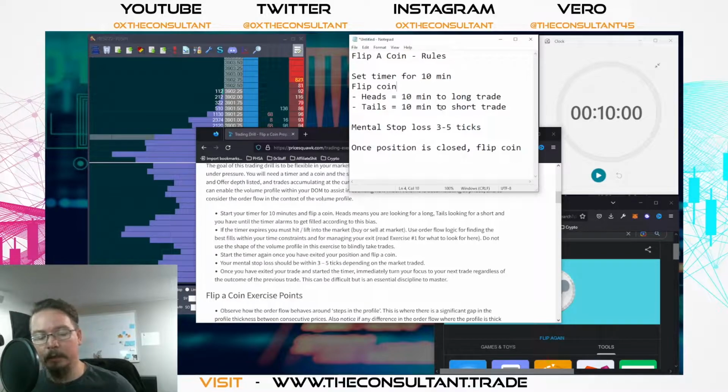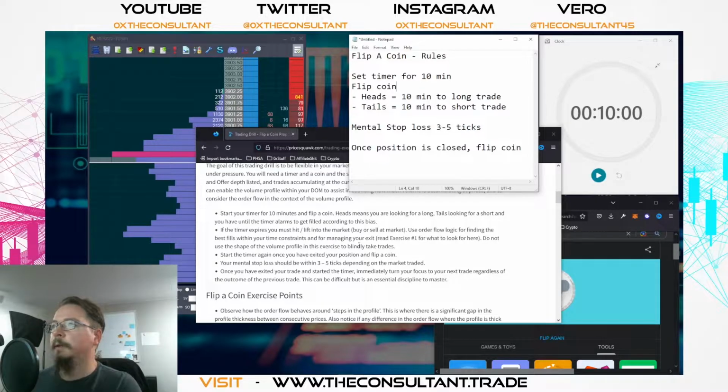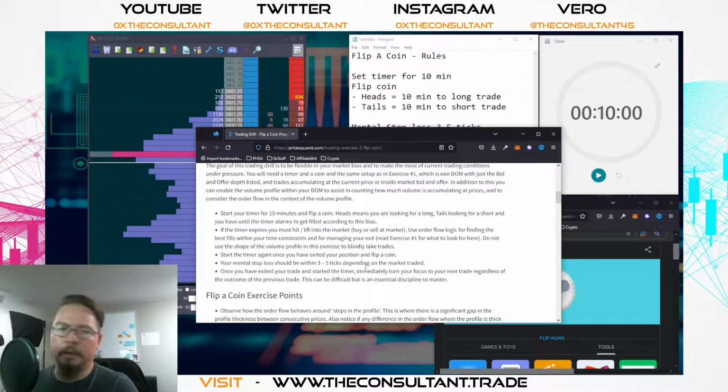So you can take 9 minutes to execute the trade, but we'll get into what that means later on down the page. Basically, you have 10 minutes to execute the trade, and once the trade is closed, stop the timer, reset the timer, flip a coin, and then you start all over again. And you do this on and on.